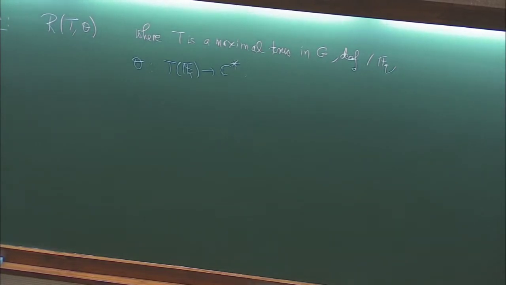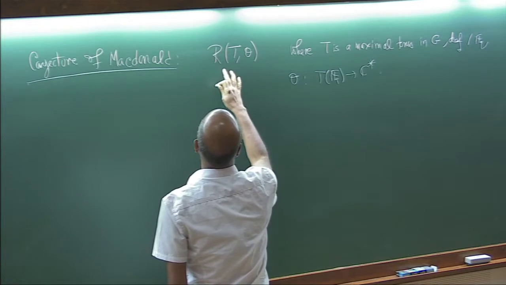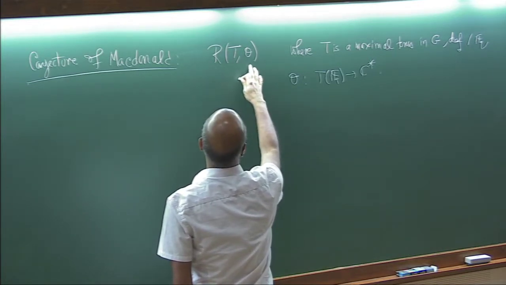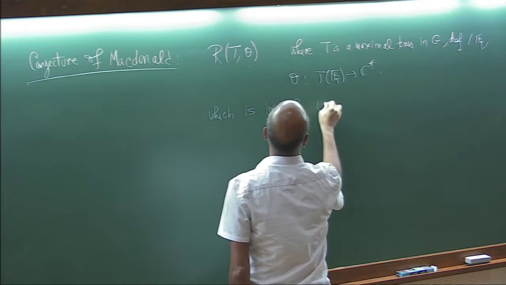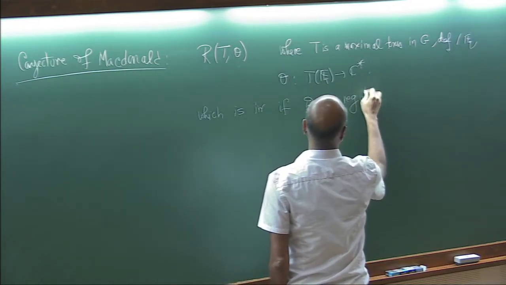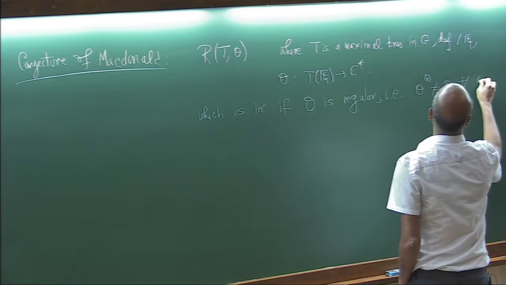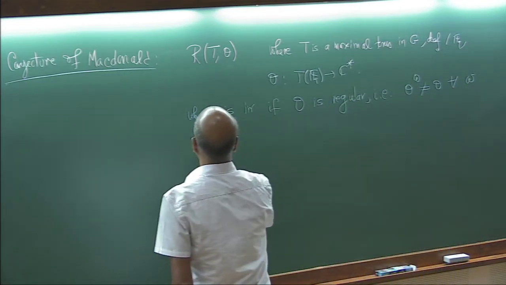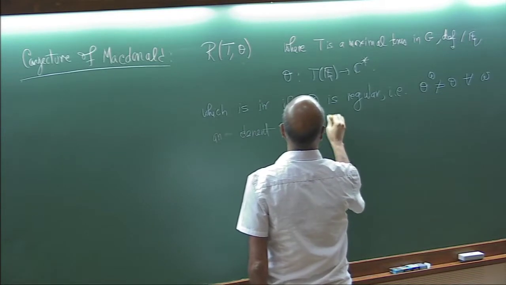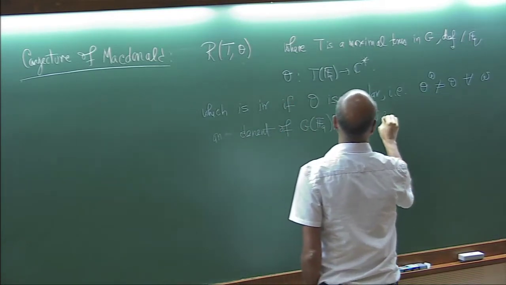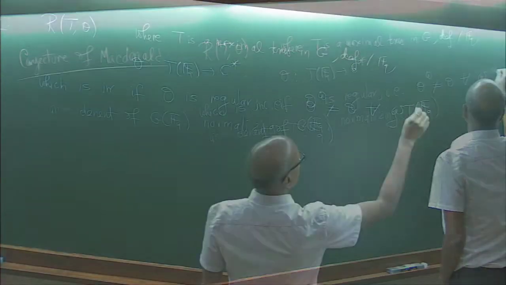Macdonald's conjecture asserts the existence of a representation R_T,theta, which is irreducible if theta is regular, that is, w(theta) is not equal to theta for all w, an element of G(F_q) normalizing T(F_q).